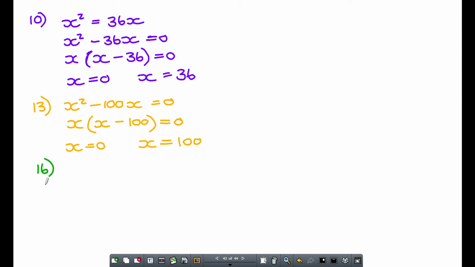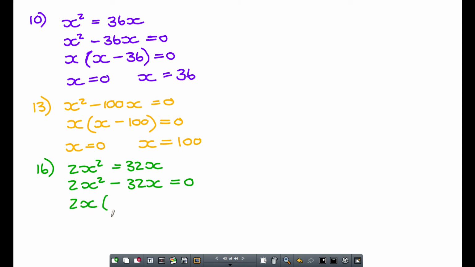Right. 16. 2x squared is equal to 32x. First things first, we take everything to the left, so it becomes minus 32x, and now equal to 0. Okay, so now we take out a common factor of 2x, which means it would be x minus 16.